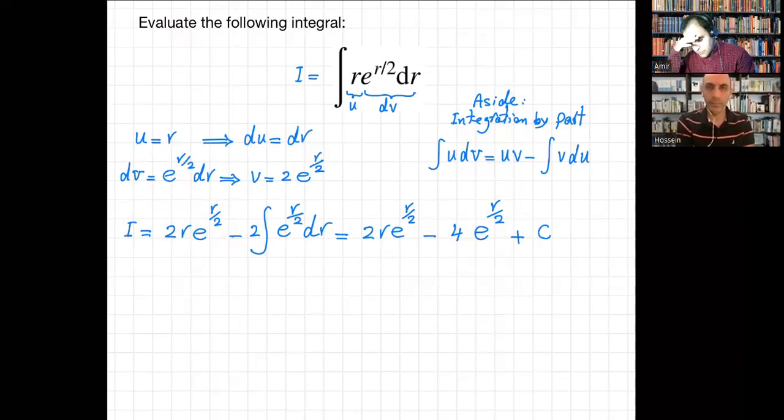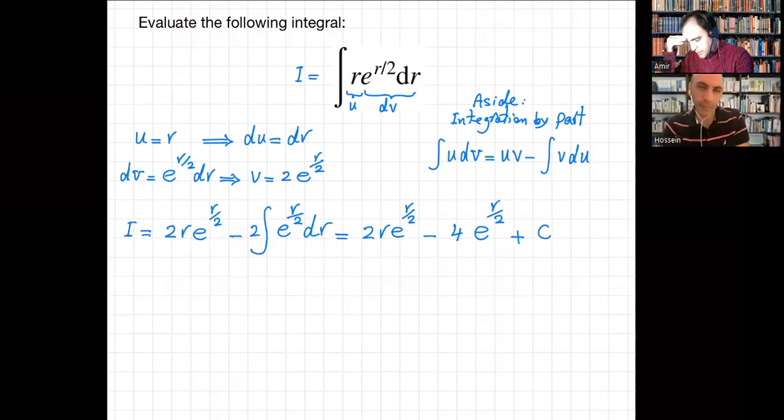I just solved the second integral, the second term. I know what you did, but maybe some viewers couldn't follow what you did for that second term. Can you explain a little bit how you solve that integral?